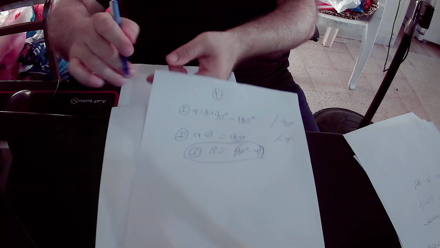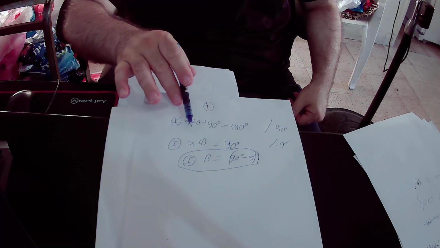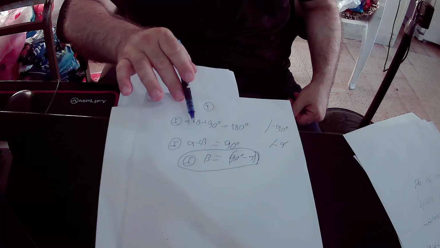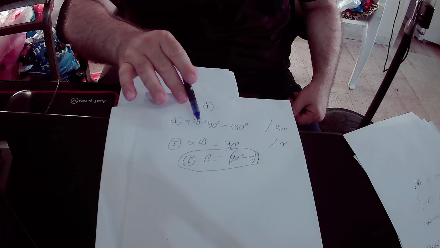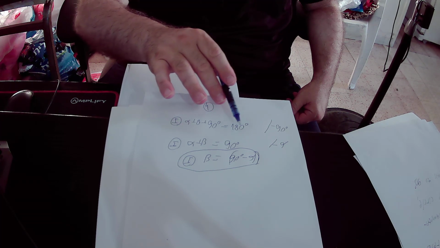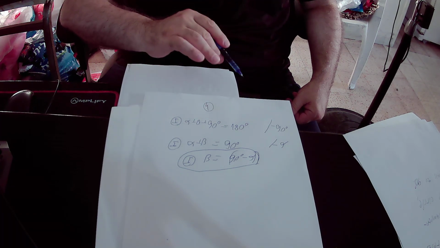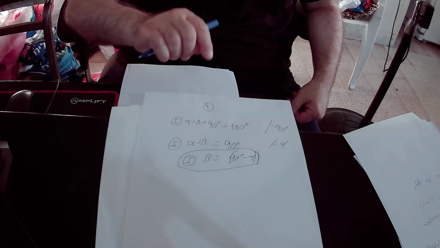Okay, we subtracted alpha from this equation. Alpha plus beta minus alpha equals beta, and 90 degrees minus alpha equals 90 degrees minus alpha. So beta equals 90 degrees minus alpha.